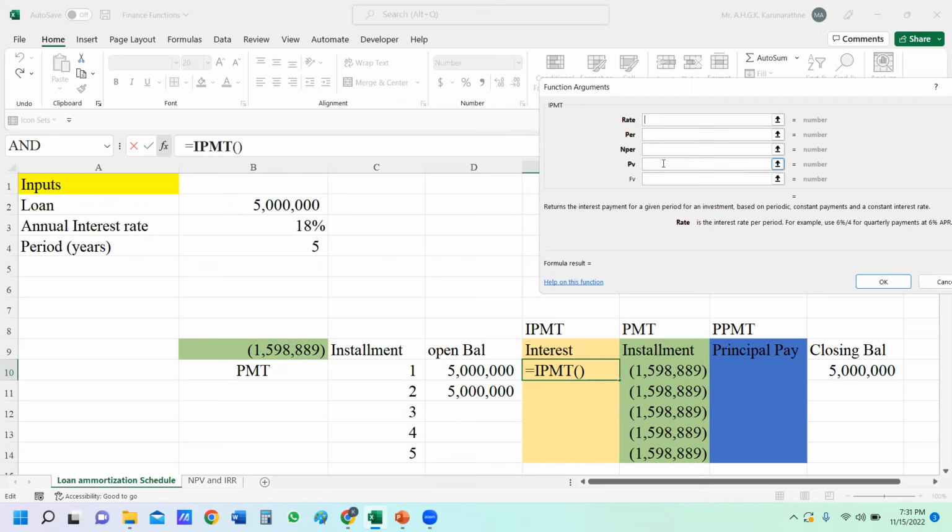In the earlier one, absolute and relative were not required. Here, the interest payment for this particular cell is going to be dragged down for the rest of the cells, so we want to ensure all these values for the rate, NPER, PV should be entered as absolute values. That means fixed, put in dollar marks.